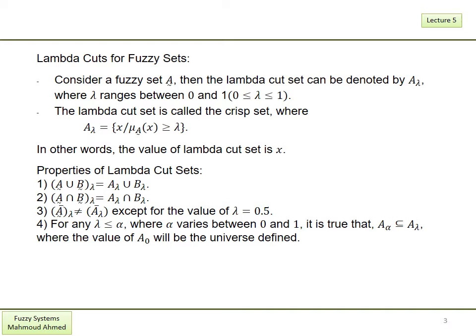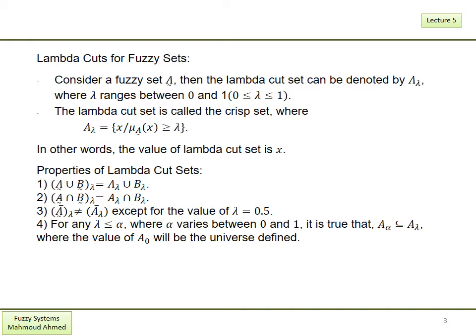Also, the intersection between fuzzy set A and fuzzy set B with lambda cut can be represented such that both classical sets, A lambda intersection B lambda. But we find here that the complement of fuzzy set A of lambda is not equal to the complement of the classical set A of lambda.